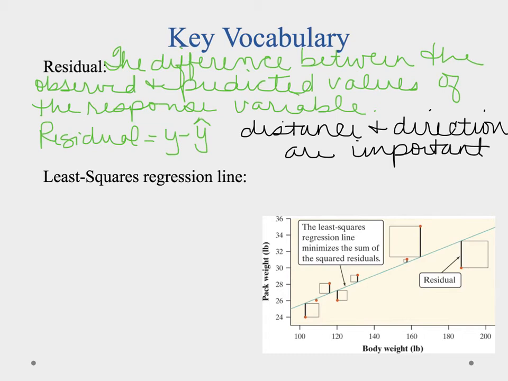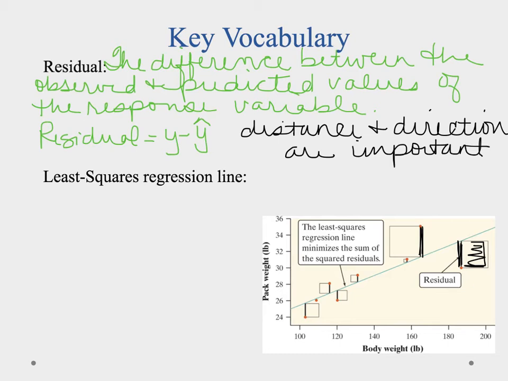In addition, there's another type of regression line which we're going to use, and this is called the least squares regression line. Now, you can see here that we have our residuals. And what we do with the least squares regression line is we square these residuals and we add them all up. Now, what that does is anytime we square something, what do we get? Positive numbers. If we add all the residuals up, we get 0, but if we square them, then we get a little bit more information from the line.